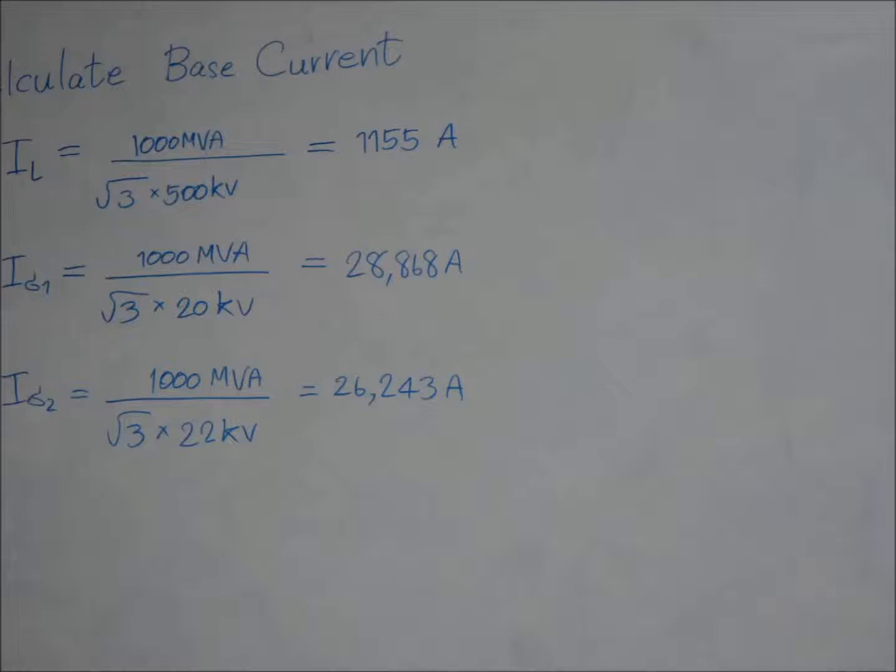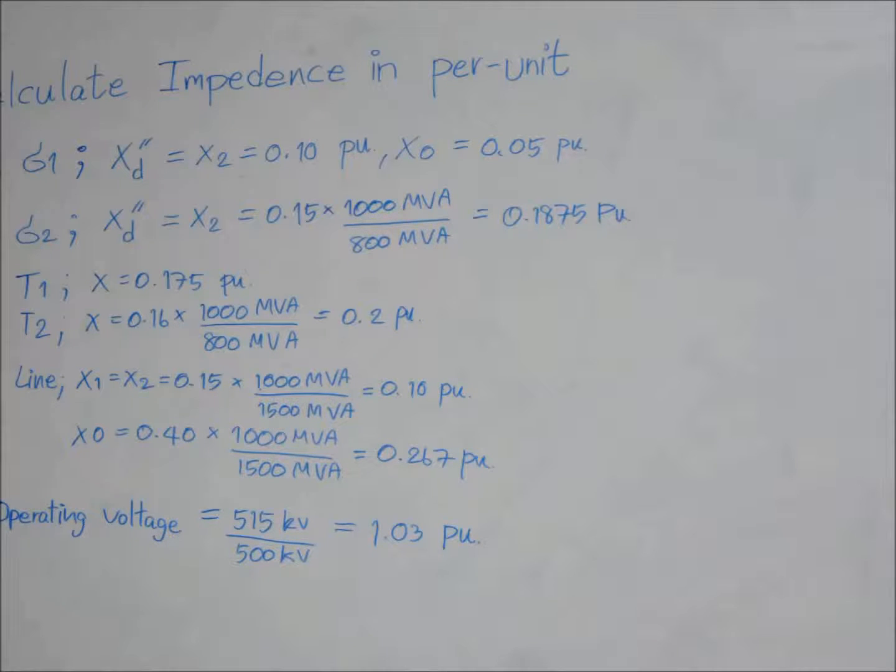The base currents are calculated as line equals 1155 amp, generator 1 equals 28.8 kilo amp and generator 2 equals 26.2 kilo amp. Find the impedance in per unit system as shown in the equation.